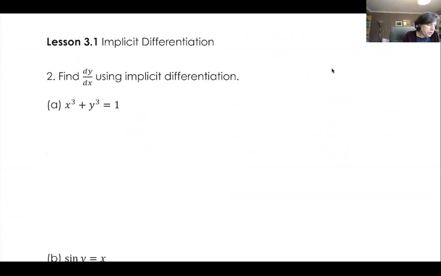So another example, we're going to find dy/dx using implicit differentiation. This time you're not being asked for the derivative at a certain point. So we can just go ahead and look for dy/dx. Again, when you see x cubed, think goobly to the third power. How would I take the derivative of goobly to the third power? I would do 3 times goobly to the second power.